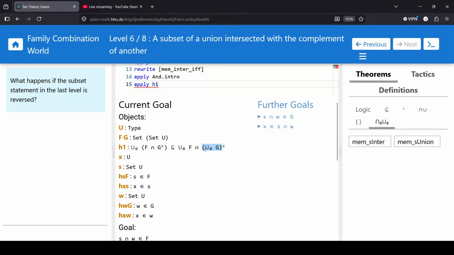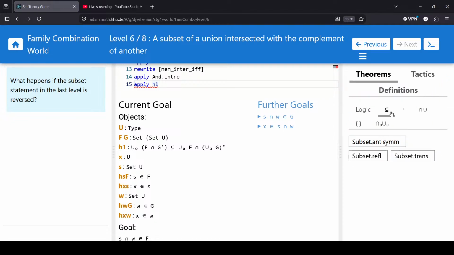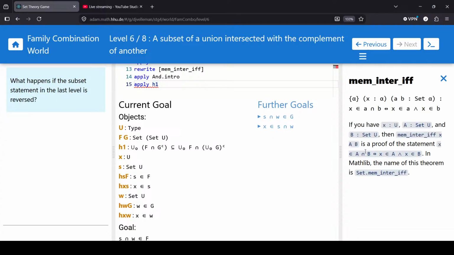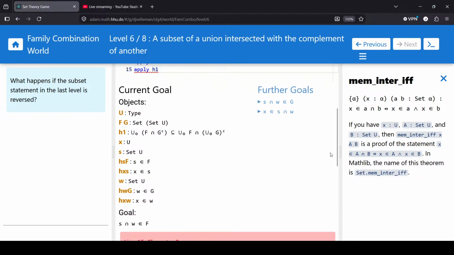So I would need to do like a mem inter to get... or no, not mem inter. I need to do an inter if. So if I do mem inter if, oh man.